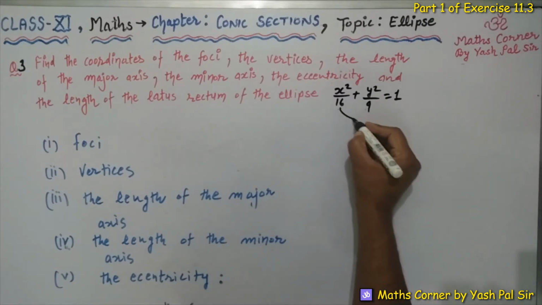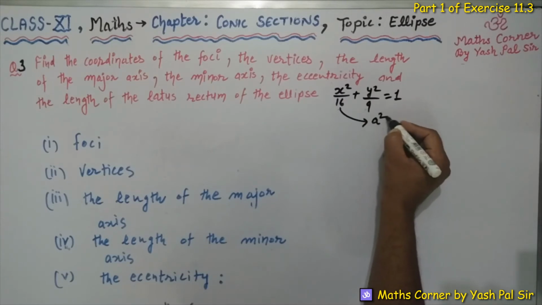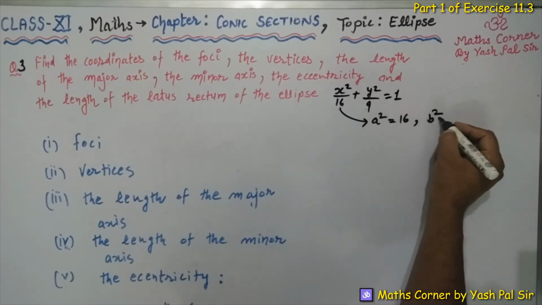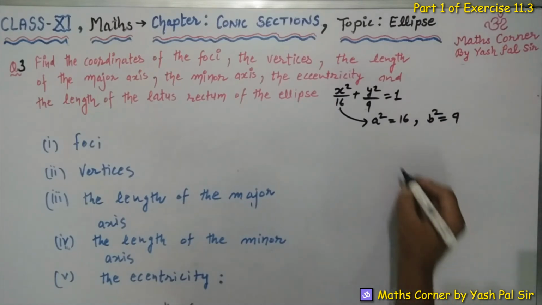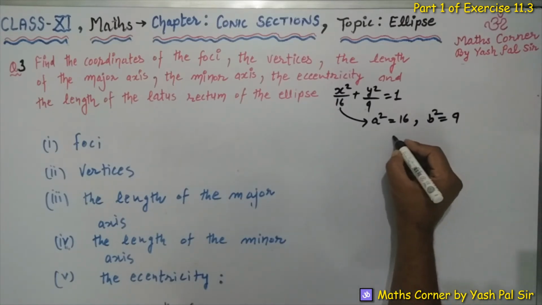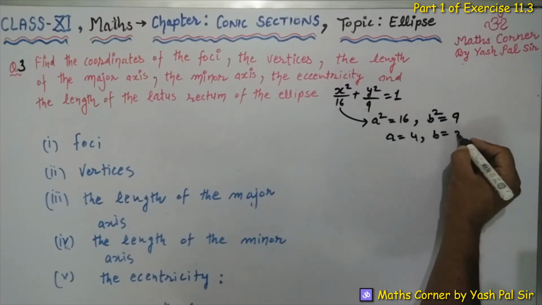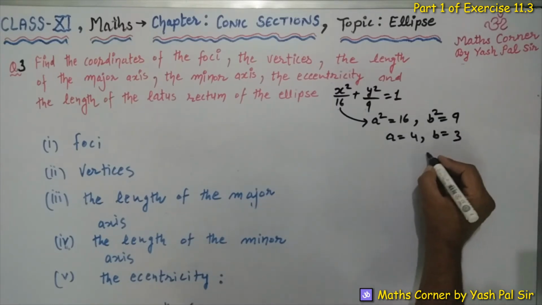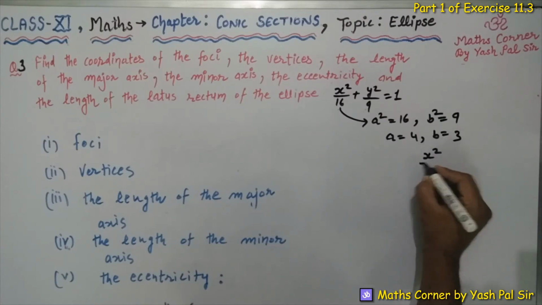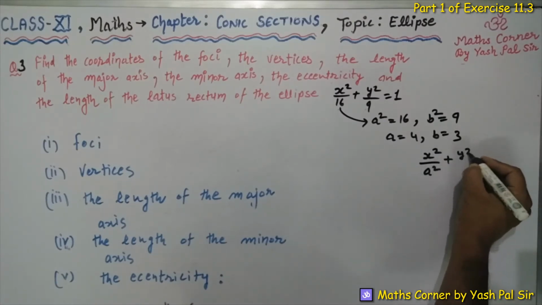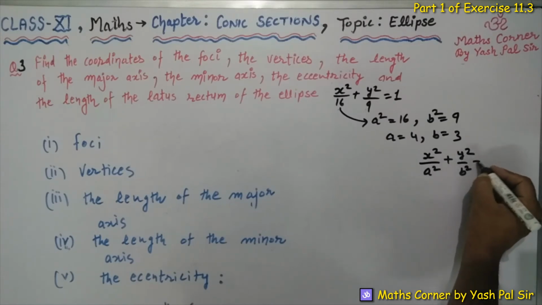Again we see that a square is 16 and b square is 9. So a is equal to 4, b is equal to 3. Meaning to say we have the equation of the form x square upon a square plus y square upon b square is equal to 1.